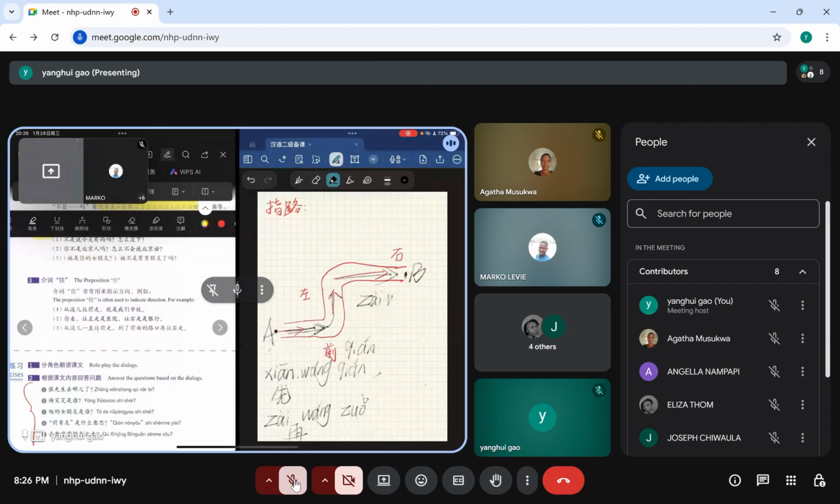And then you can get from A to B. So how do we get from A to B?